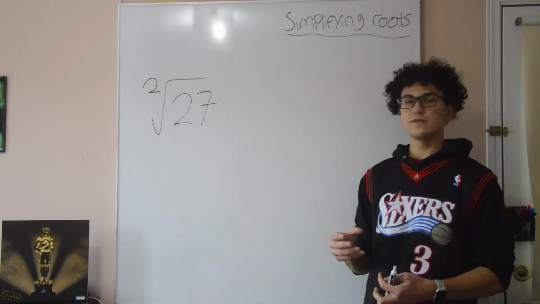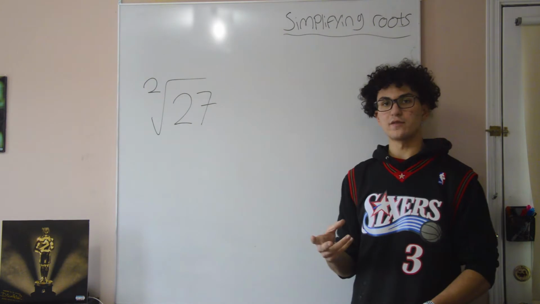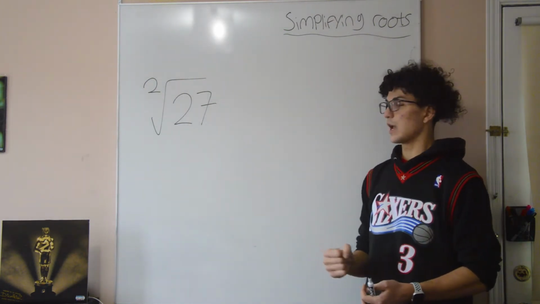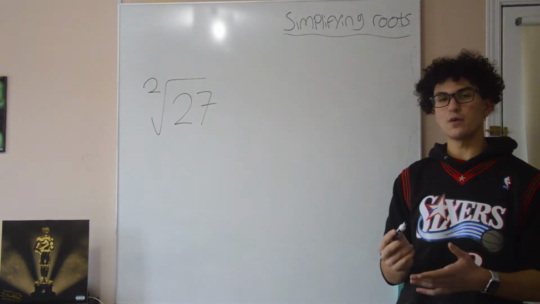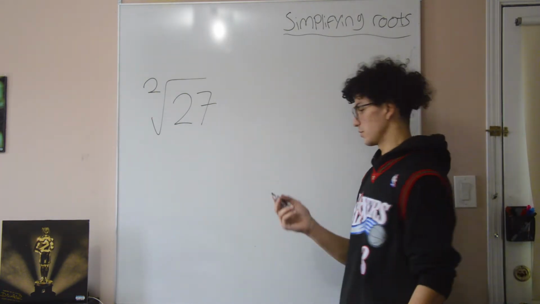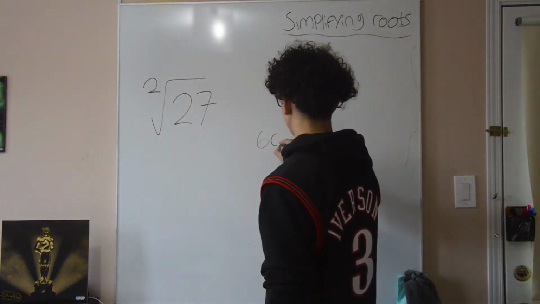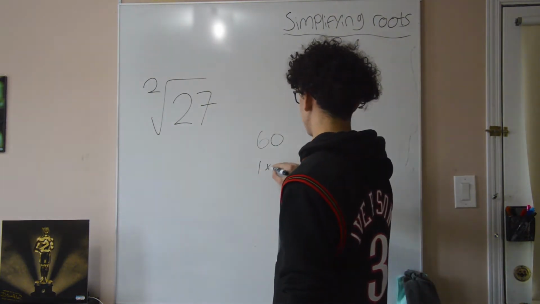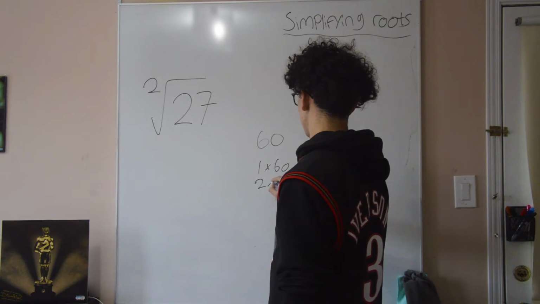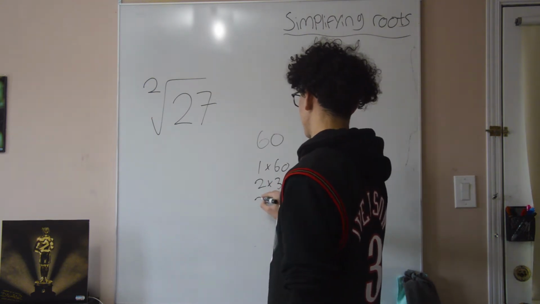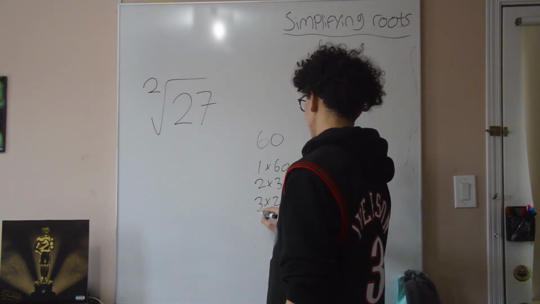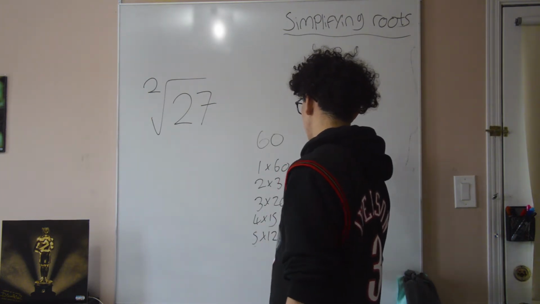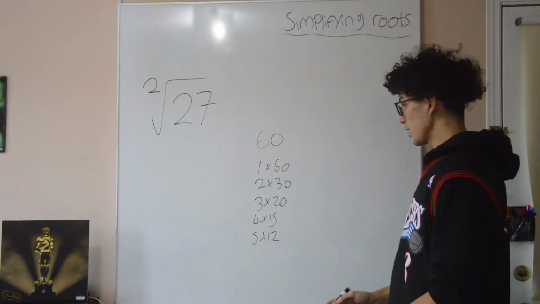Now, after we've thought of our perfect squares, we need to look at the 27 on the inside, and we're actually going to rewrite it. Now, how do we rewrite 27? Well, let me give you an example. 60 can be rewritten as 1 times 60, 2 times 30, 3 times 20, 4 times 15, 5 times 12, and so on, right?